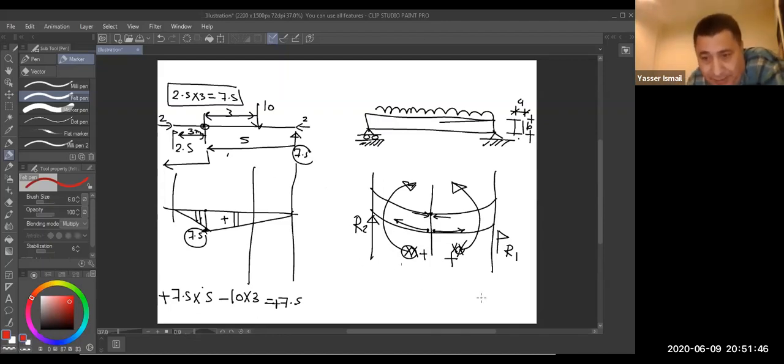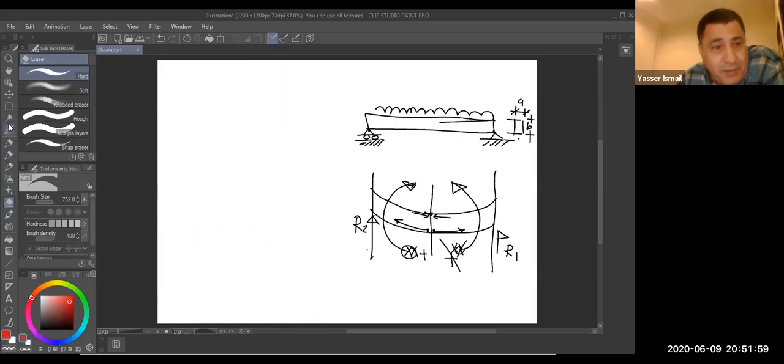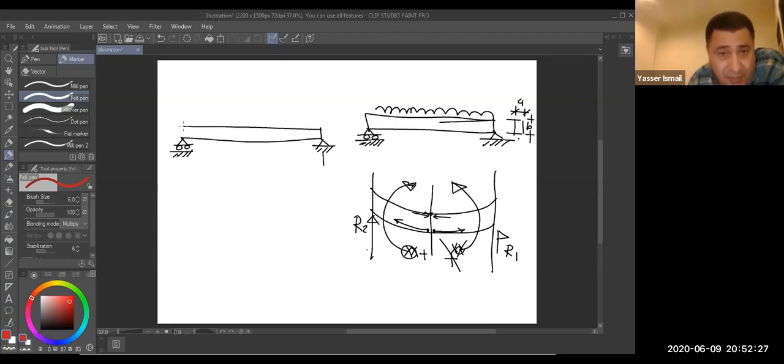Go for another beam. Opposite to this beam, you have another beam, the same beam, but the force is in this direction.